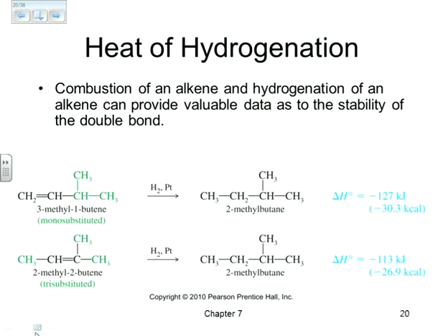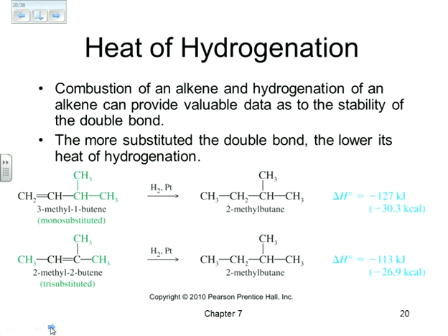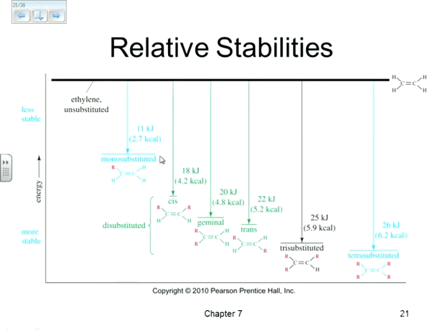Now there's a trend here. Here, R, remember, stands for carbon. So you see here, this double bond has how many red R's coming off of it? 1. These 3 have 2, this one has 3, and that one has 4. So do you see, higher energy up here, lower energy down here.